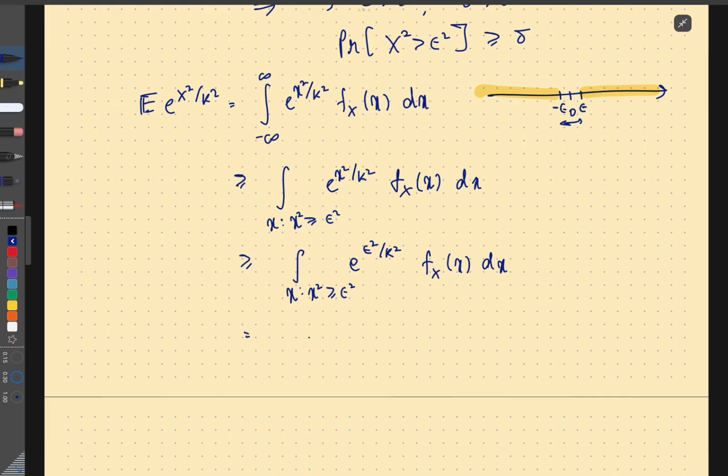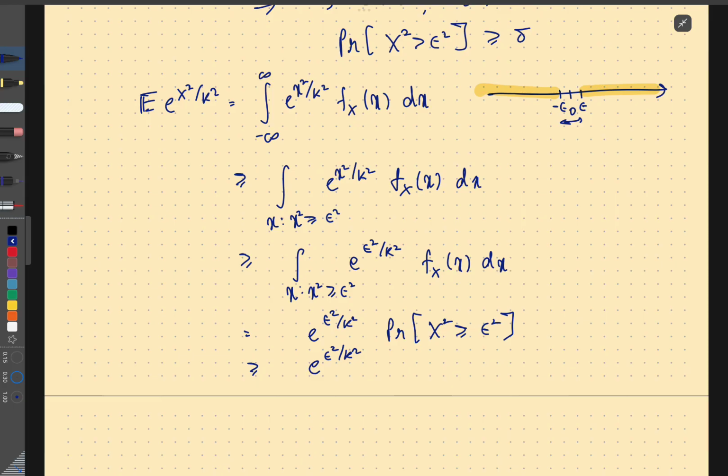And this is nothing but e to the power of epsilon square by k square times the probability that x square is greater than or equal to epsilon square. I assume that this probability that x square is greater than or equal to epsilon square is at least delta, some delta positive.